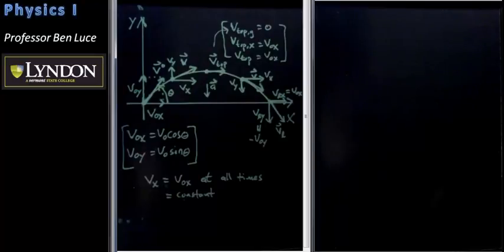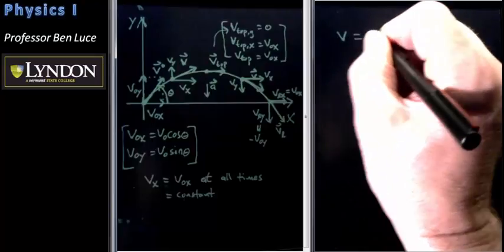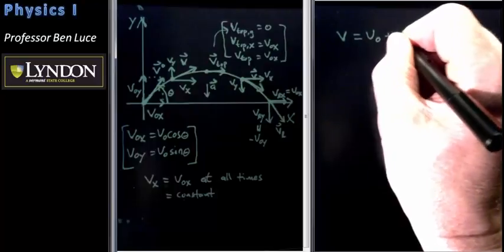Now let's consider how we might actually write down equations for these x and y components of the velocity. Recall from one-dimensional projectiles that the so-called v equation was given by this.